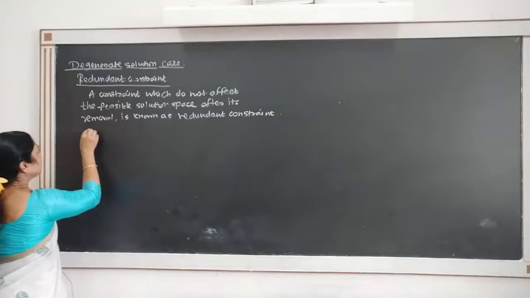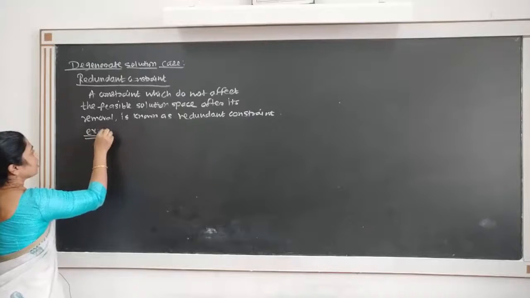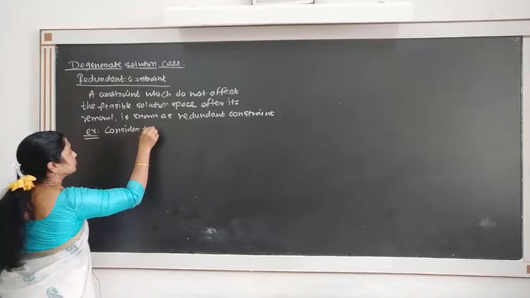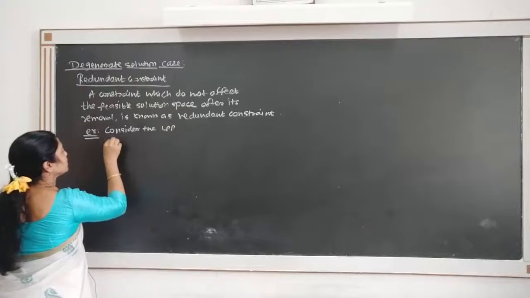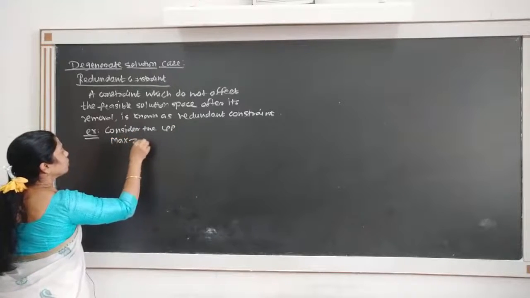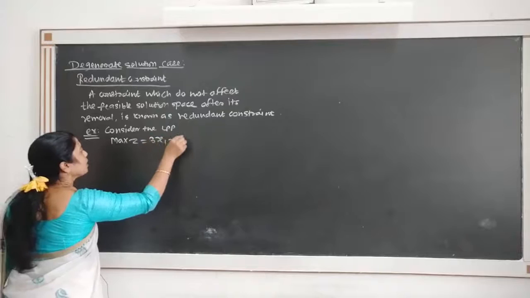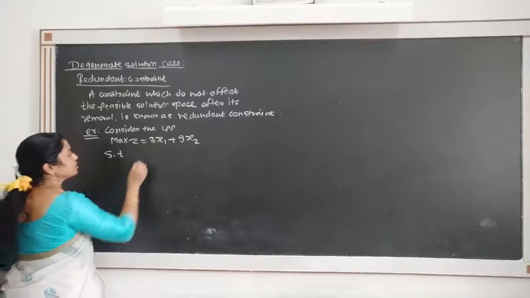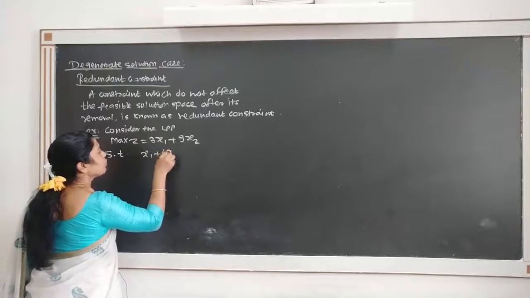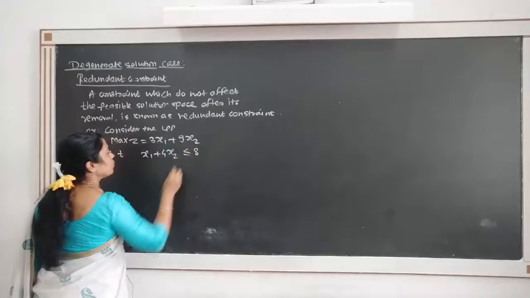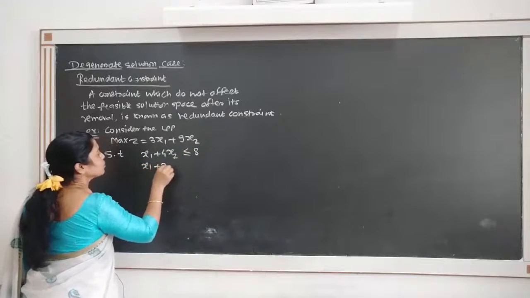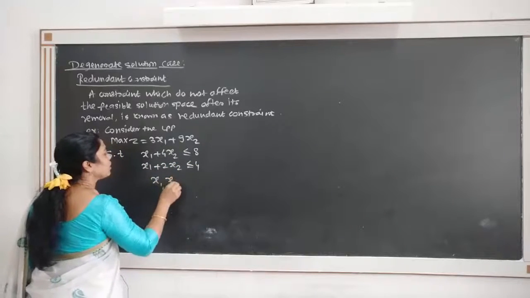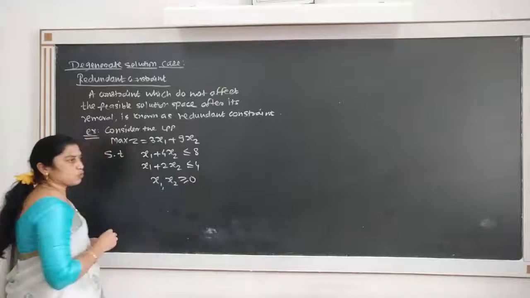For example, consider the LPP. Maximize Z is equal to 3x1 plus 9x2 subject to constraints x1 plus 4x2 less than or equal to 8, x1 plus 2x2 less than or equal to 4 and x1, x2 greater than or equal to 0.